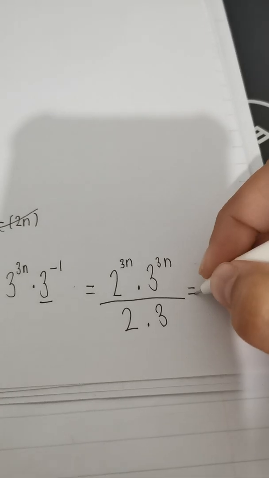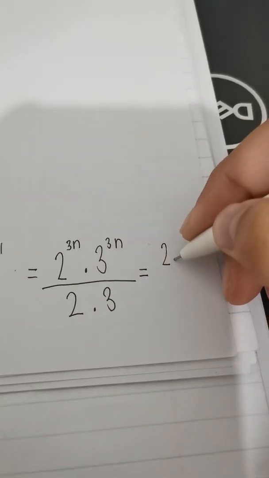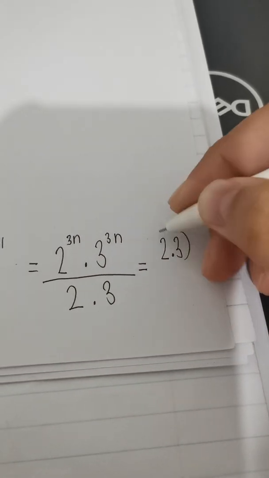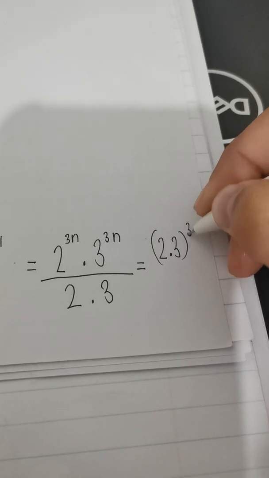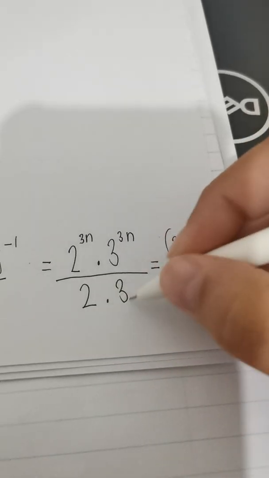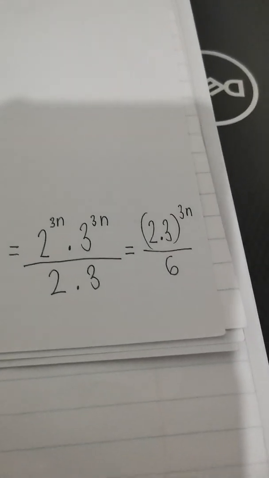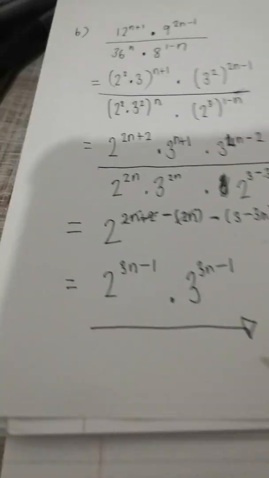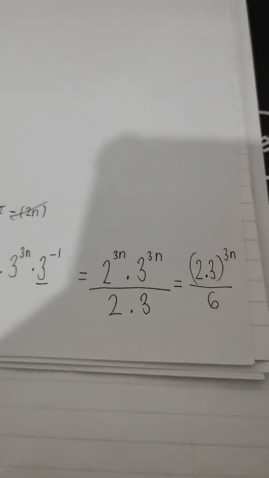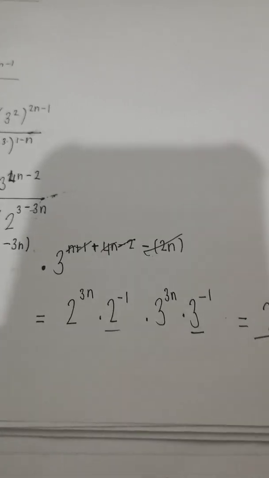You can even simplify this further. This is basically 2 times 3 to the power of 3n if you wanted to. 2 times 3 is 6 if you wanted to. Otherwise, if you leave it like this also, perfectly acceptable. Alright, and I'm done with this video.